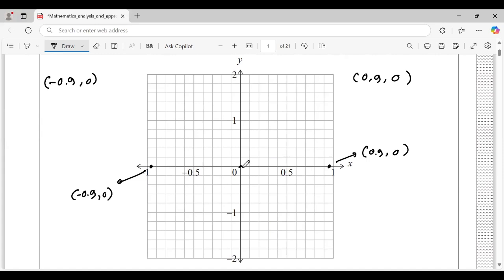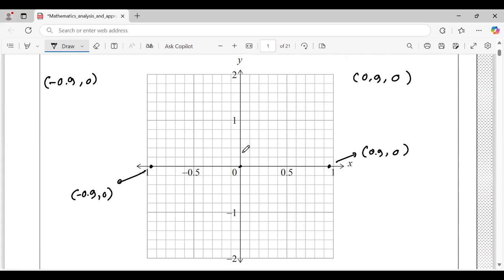After that, the local maximum and local minimum. The local maximum is 0.68, 1.09.